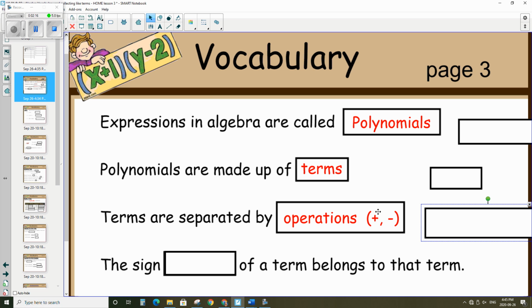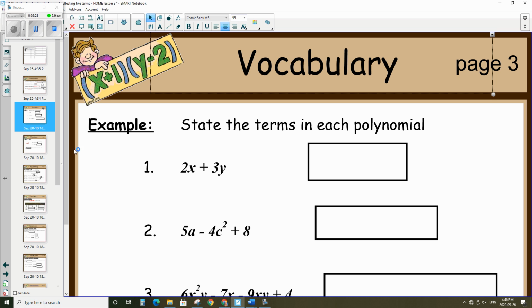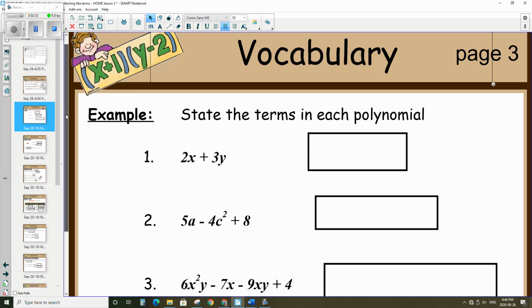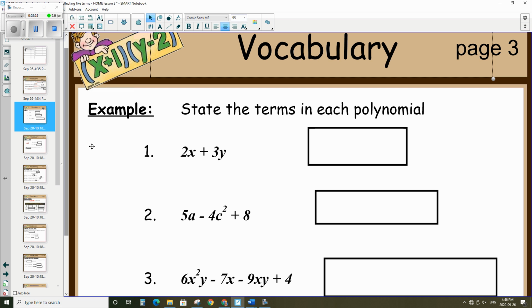Okay, so add and subtract. When you see those symbols, you know that a new term is coming next. The sign of a term belongs to that particular term. Okay, so if you're copying these notes down, then you can pause the video whenever you need to if I'm going a bit too fast.